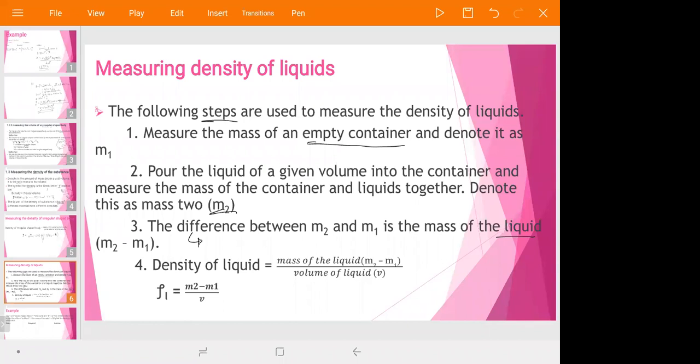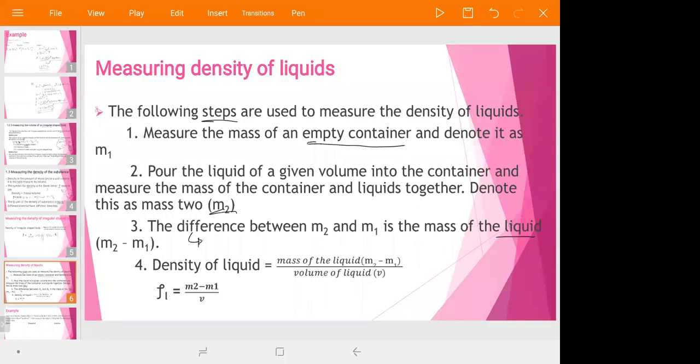If the volume of liquid, the mass of the empty container, and the mass of the liquid and container together are given, you can calculate the density of the liquid.